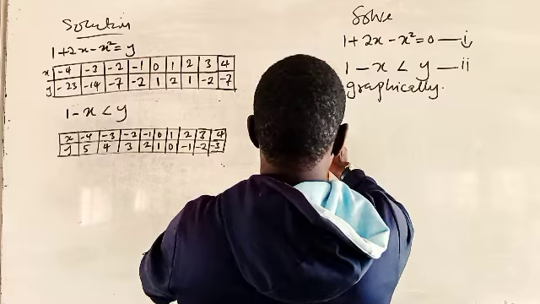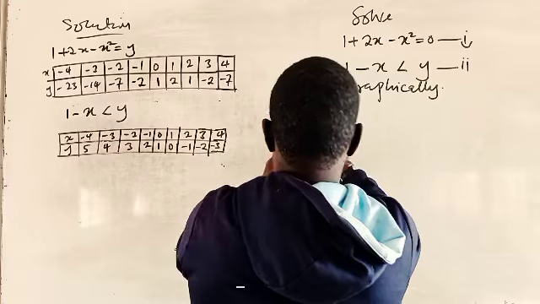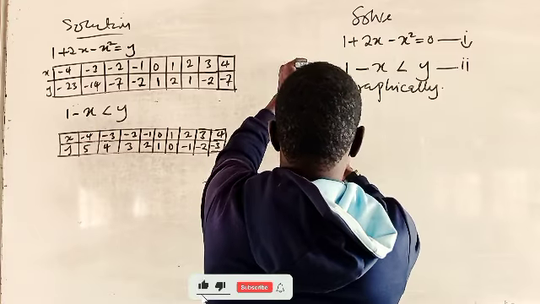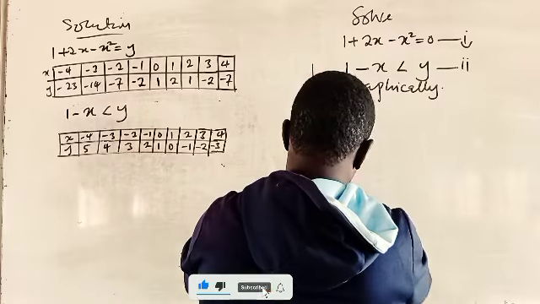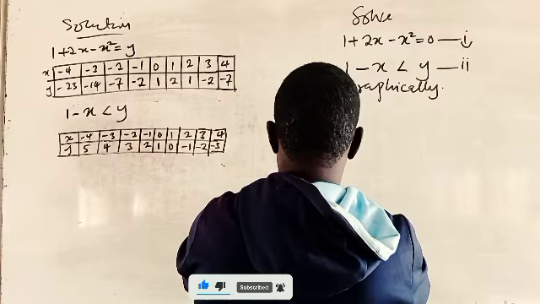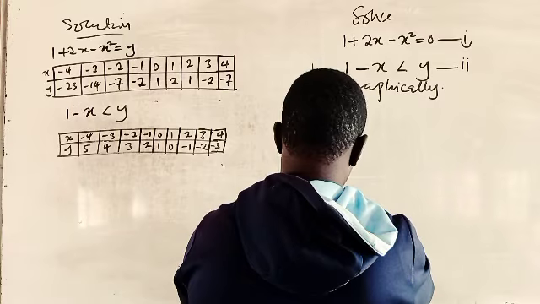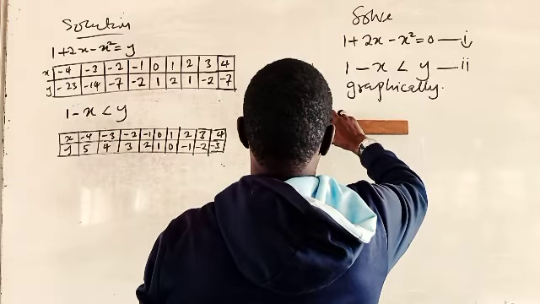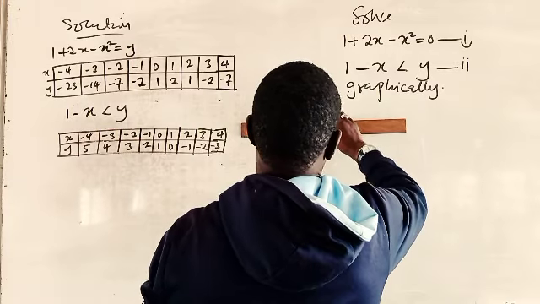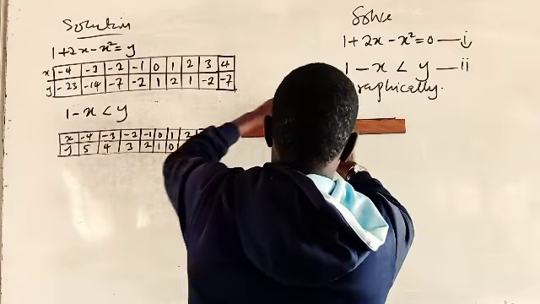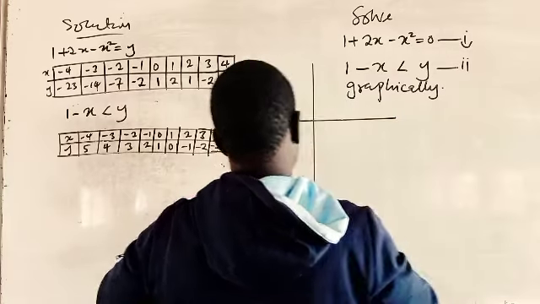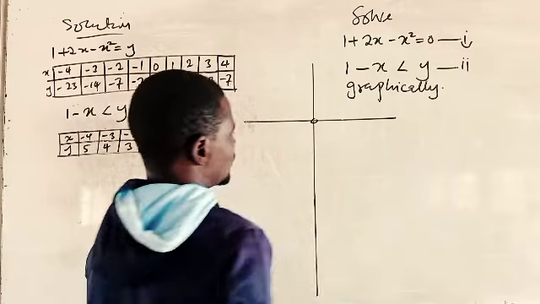So we have our y-axis to be down like this, then our x-axis to be here. Now this is our origin.